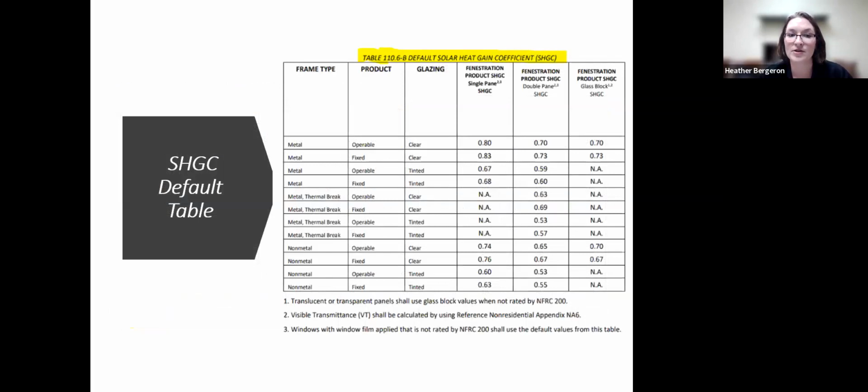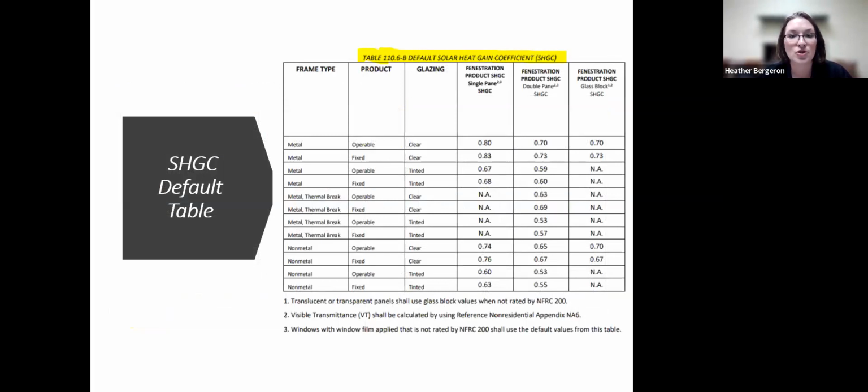Here's an example of your solar heat gain coefficient default table, based on the type of frame, material, and glazing that you have chosen for your project with your homeowners or building owners.